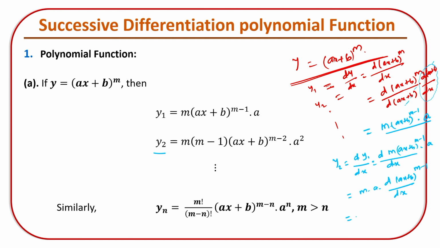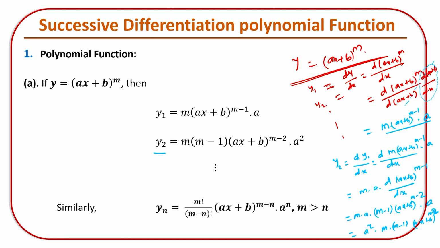So you will get m into a into (m minus 1) into (ax plus b) power m minus 2 into a. This finally comes out to be a square into m into (m minus 1) into (ax plus b) power m minus 2.